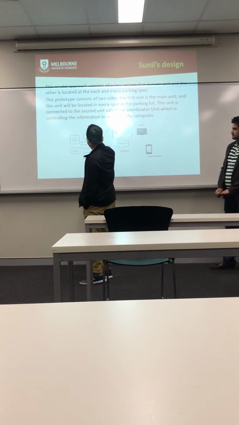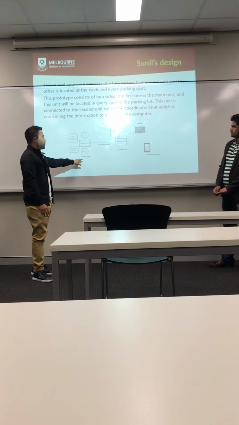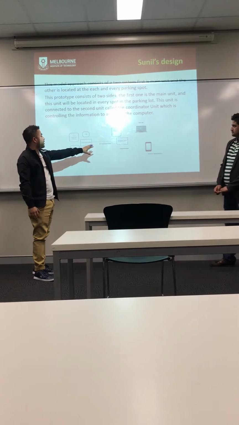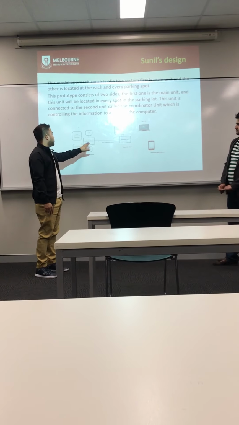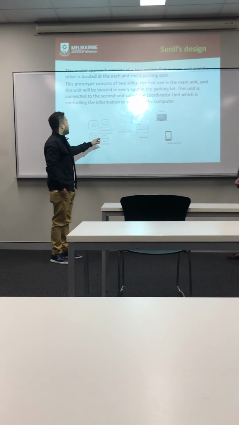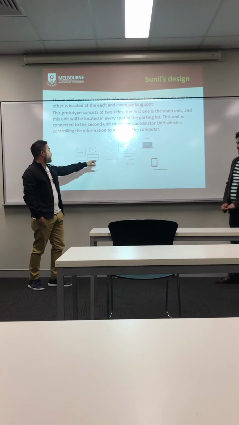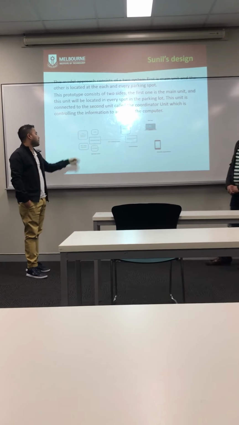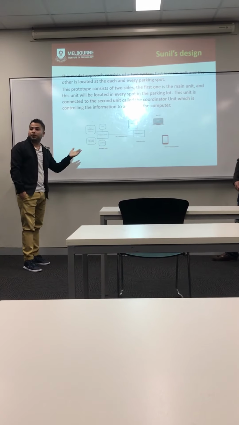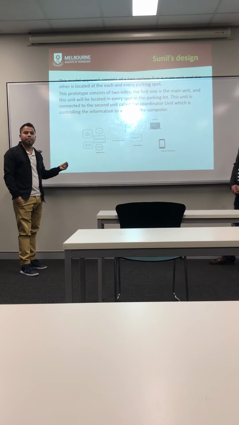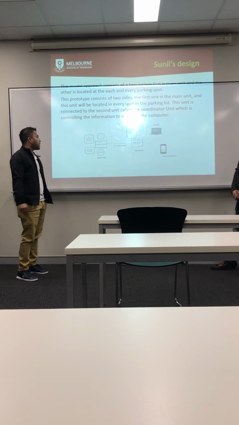In my system there are two units: one is the system unit and the other is the coordinator unit. There are two Arduinos, and an I2C integrated keypad for manually entering information, and an RF card reader used for automatic payment of car parking fees.